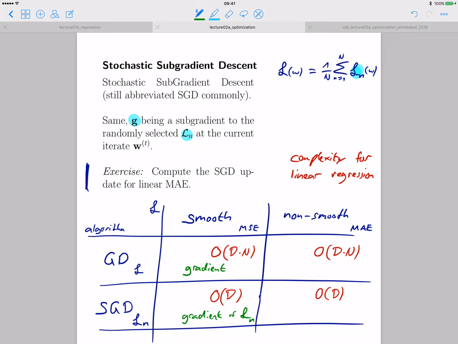And if our function happens to be in the right column where it's not differentiable, then what we do is we use the subgradient to perform our step.